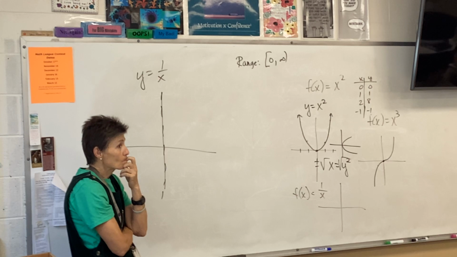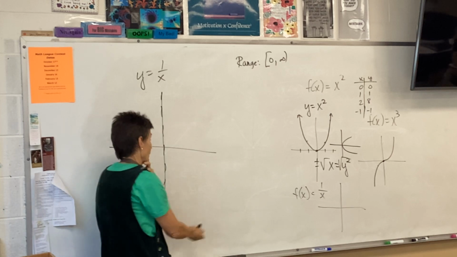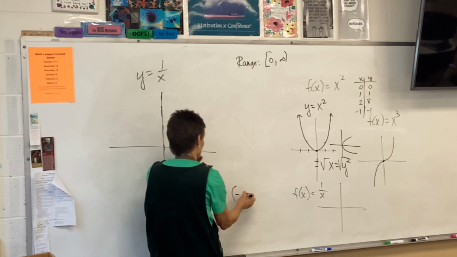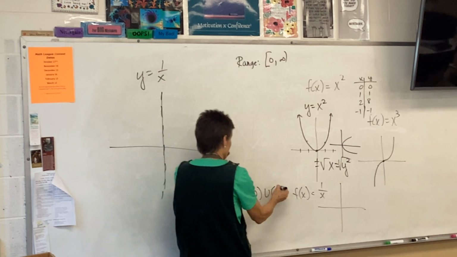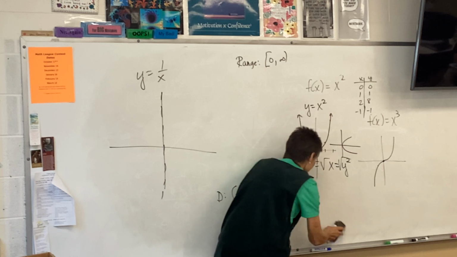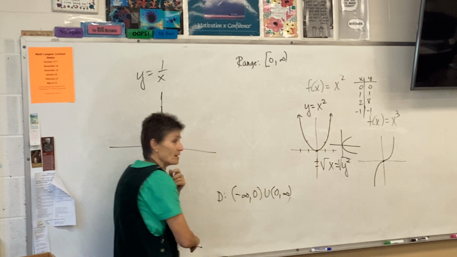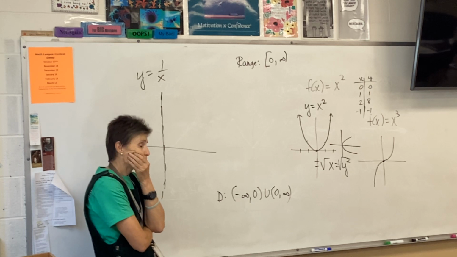So the domain would be negative infinity to 0 with the parentheses, and then 0 to infinity. I like that. That's the domain. X can be anything in the world except 0. Okay?